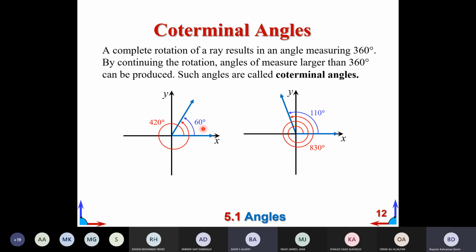Subtracting 360 is not enough, so you need to subtract another 360, meaning 2 times 360, which is 720. So this is the idea of coterminal angles, Shabab. You just need to add or subtract 360 once, twice, three or four times, as much as you need. All right.